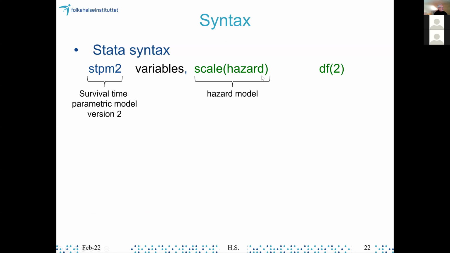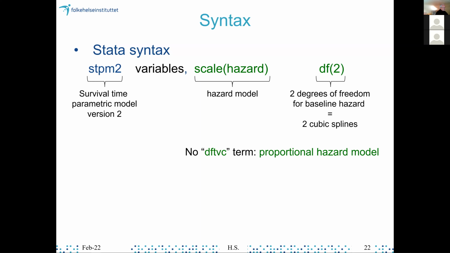Then you ask for a scale of hazard, because we are working with a hazard model. And then you're specifying the degrees of freedom for the baseline hazard. And this says 2 degrees of freedom, meaning we are using 2 cubic splines to model the hazard, which is pretty flexible. There is no TVC term in here. This means that we are assuming a proportional hazard model now.